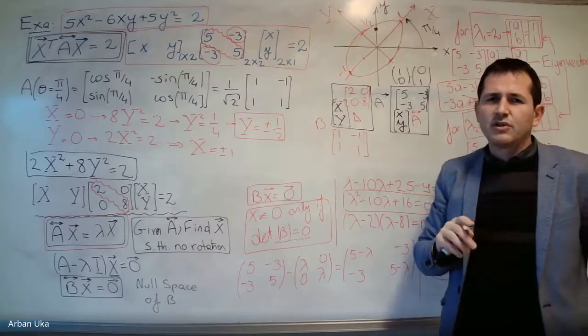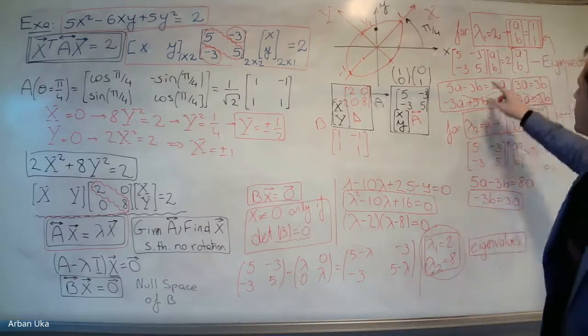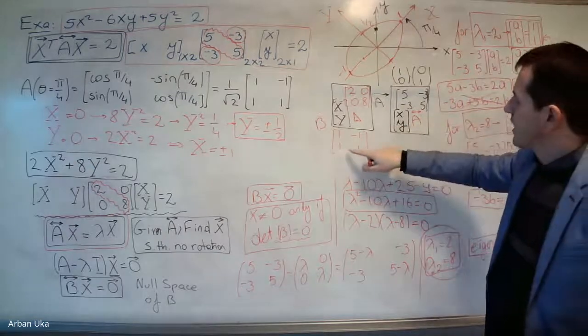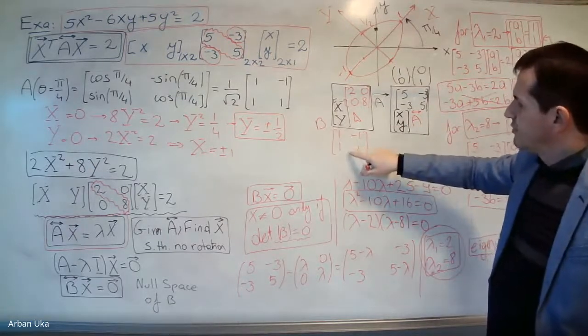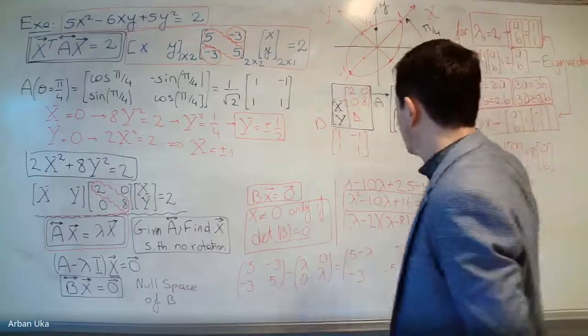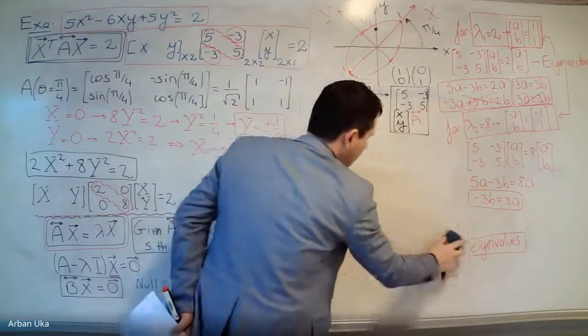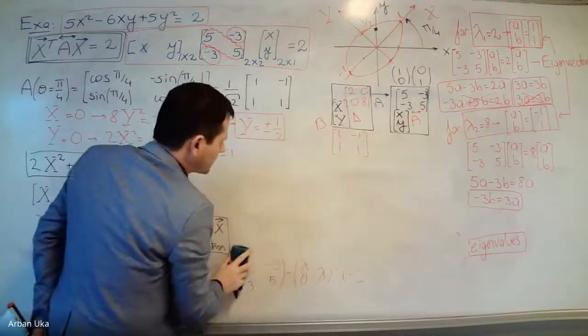These vectors that are not rotated are very important because once we find them, we use them as a basis. If this is a new basis, then we should obtain the following. What did we say before?